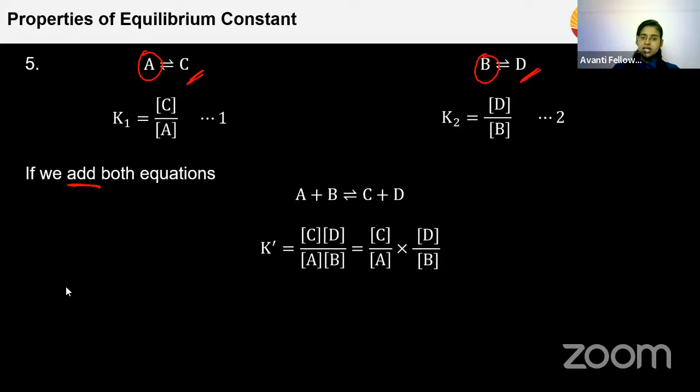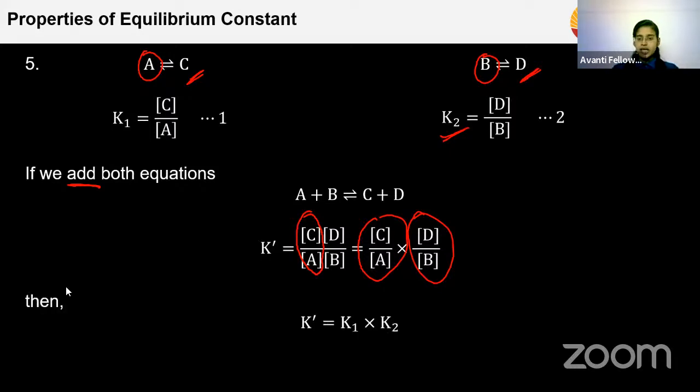So C by A is equal to K1 and D by B is equal to K2. So K dash is equal to K1 into K2. If I'm adding two equations, then I have to multiply the equilibrium constants of those two equations to get the new equilibrium constant value. Is it clear for all of you?